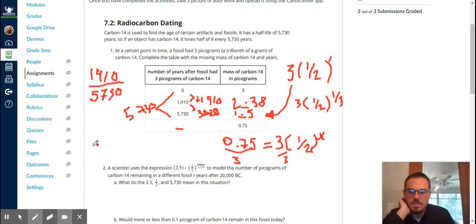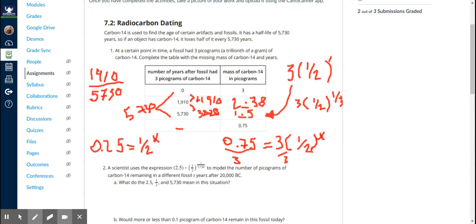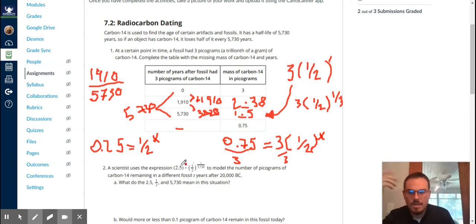Let's leave it as a decimal, 0.25. That's going to be equal to 1/2 to the power of x. So what would I need to put in the power of x to get to 0.25? What fraction could I plug in? How do I take a half and make it a half of a half? I multiply it by itself.